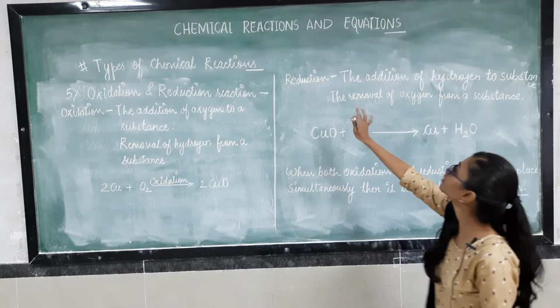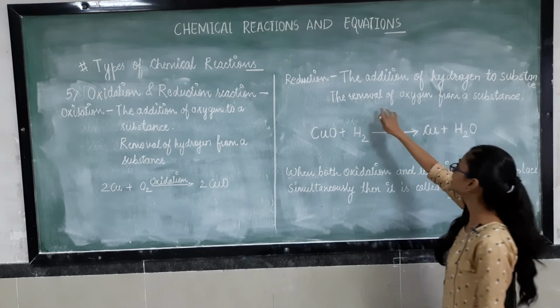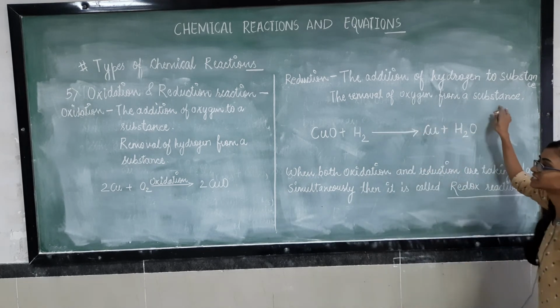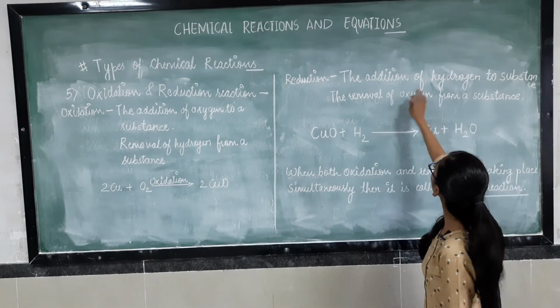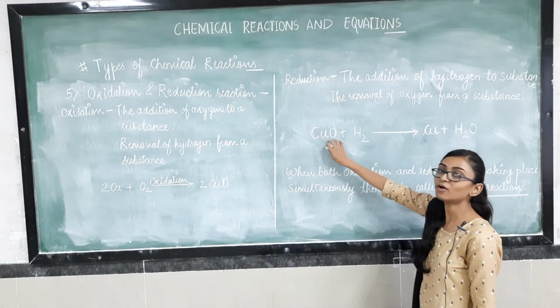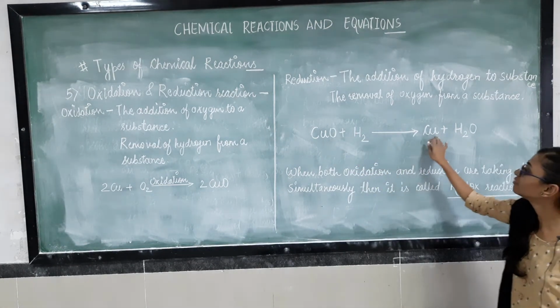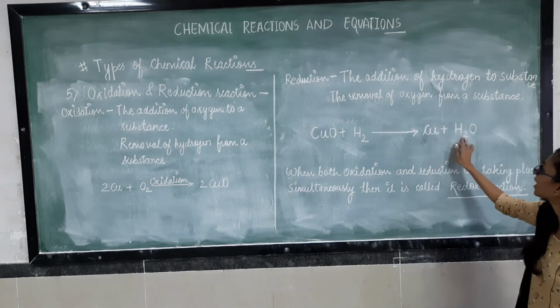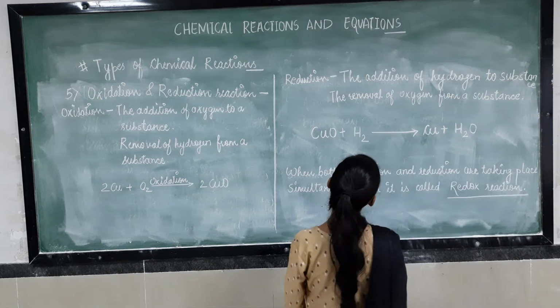So in a reduction reaction, the addition of hydrogen to a substance or the removal of oxygen from a substance is known as what? Reduction reaction. Here we are taking copper oxide. Copper oxide is reacted with hydrogen. What is formed? Copper is left over and water is formed here. So this is called a reduction reaction.